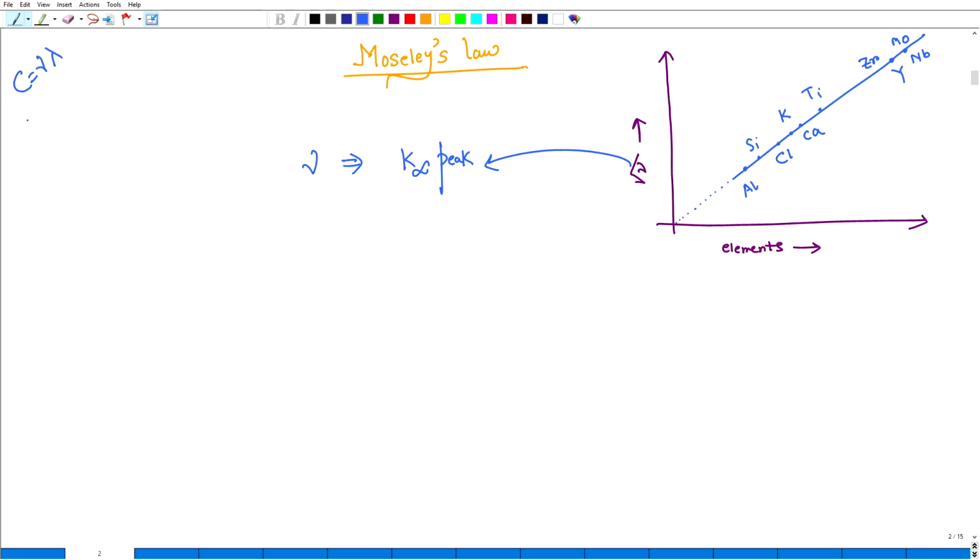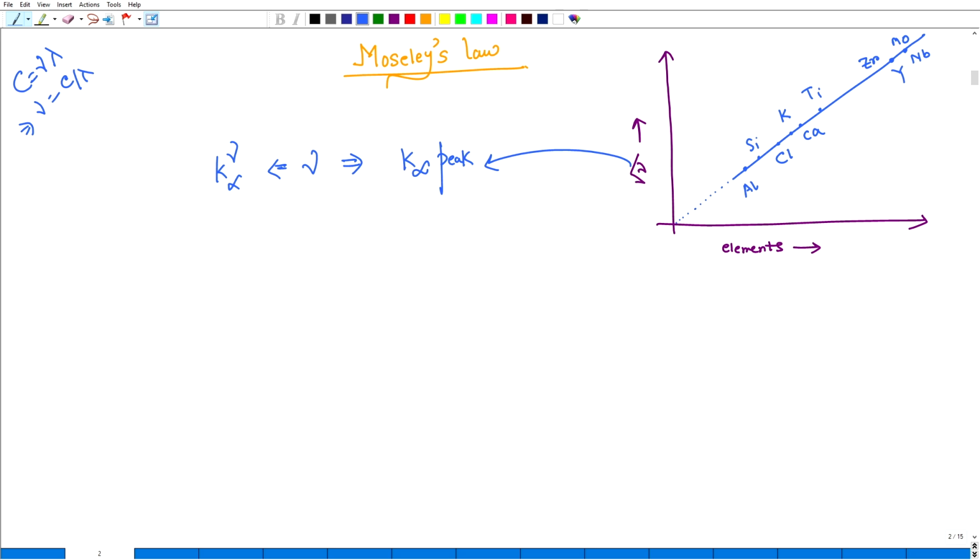If you divide c by the lambda of that K alpha peak, then you can obtain the nu, which we can write as K alpha nu more prominently. So this nu is actually K alpha nu, and Moseley took the root and he obtained this nature.